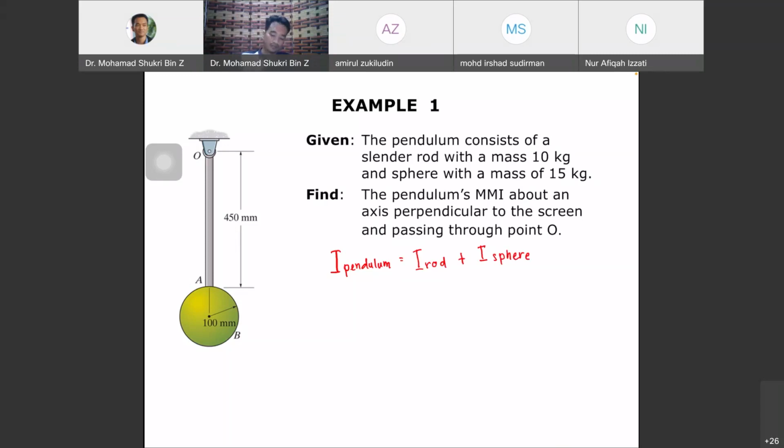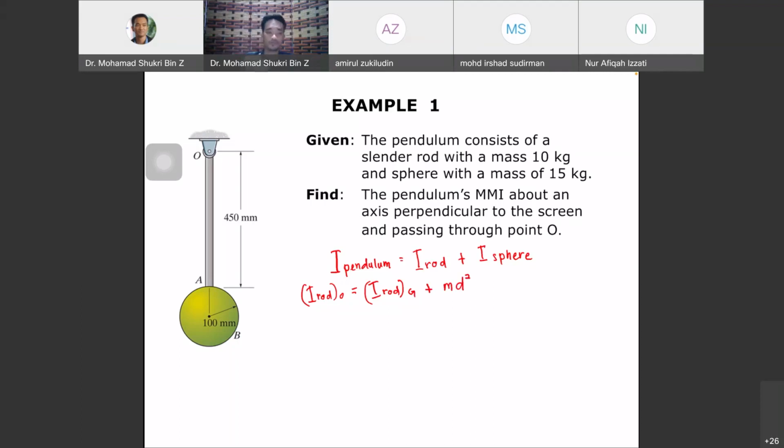Alright, so I rod, dapatkan dulu I rod pada point O. Dapatkan I rod pada gravity plus md square. Sebab apa saya tulis equation ni?